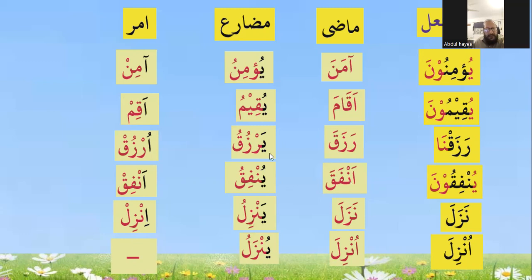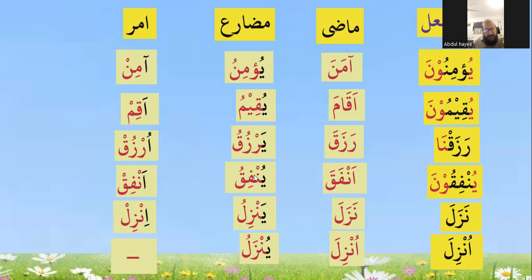The second thing: the mudare's last letter always has dhamma, with no difference for anything, whether it is majhul, four letters or three letters. Always the last letter has dhamma. The ain kalma makes the difference. If the ain kalma has fatha, then it is majhul.